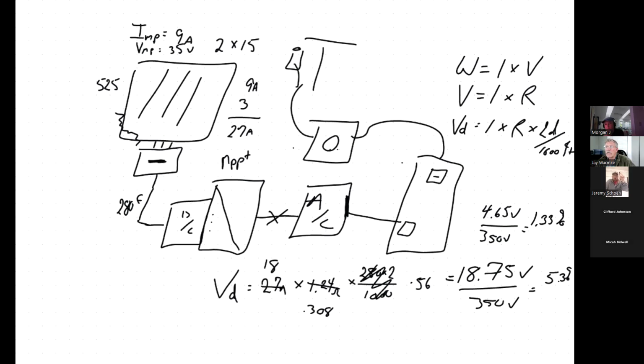Will different townships and municipalities make you use 3 strings, or would they let you do 2 strings? As long as you don't exceed 600 volts, they'll be fine. But remember, it's not 600 volts standard operating. It's 600 volts under the worst conditions that will ever be experienced at that location.